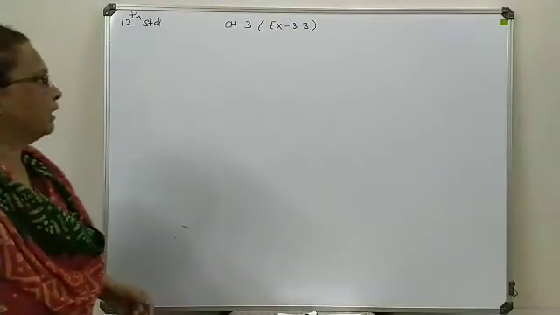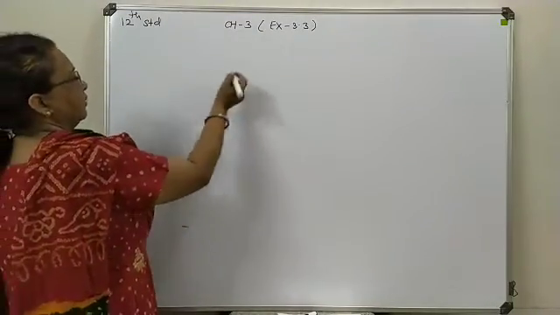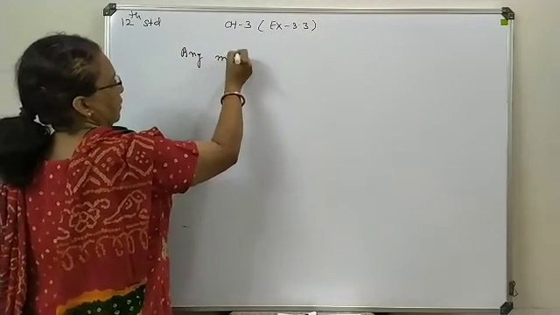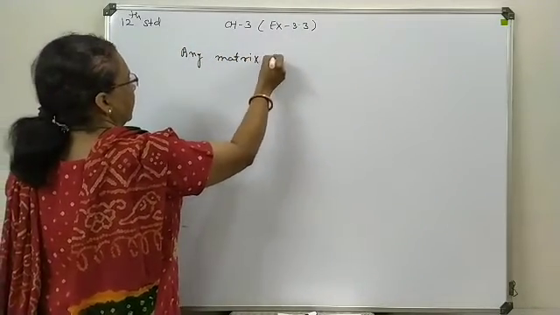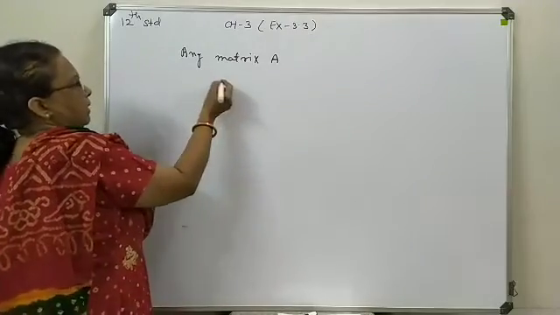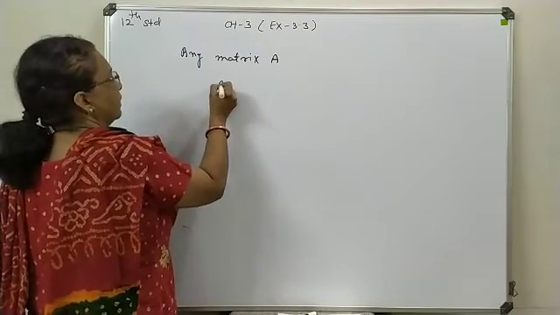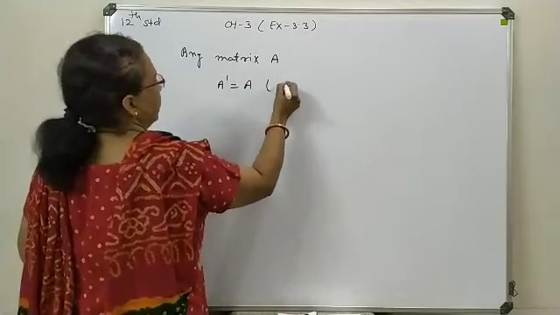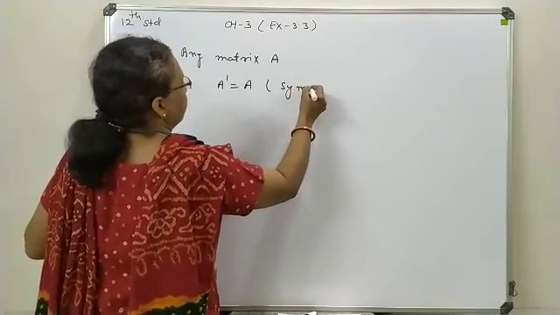In the last class we wrote that if a matrix A exists in such a way that A transpose is equal to A, then it is considered a symmetric matrix.